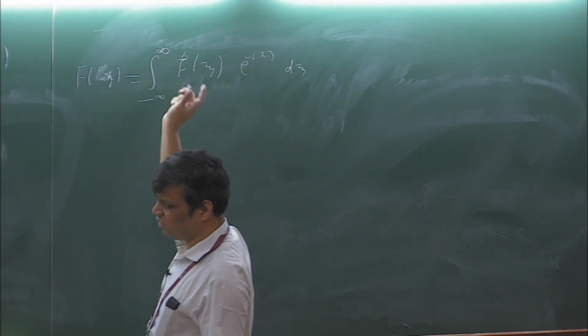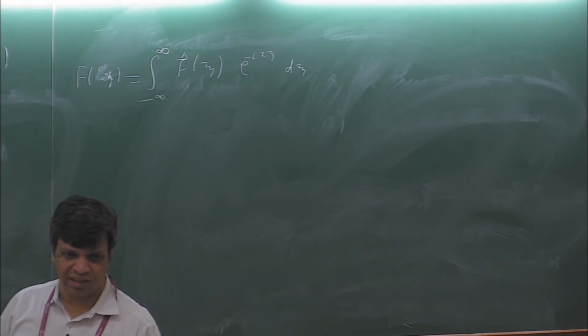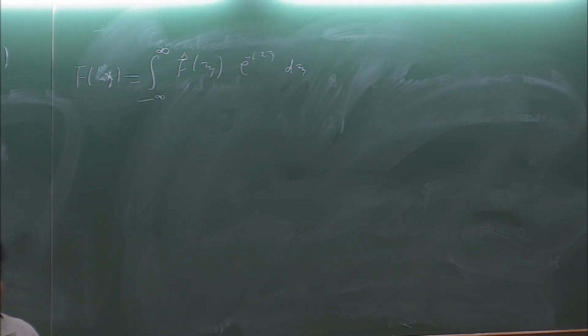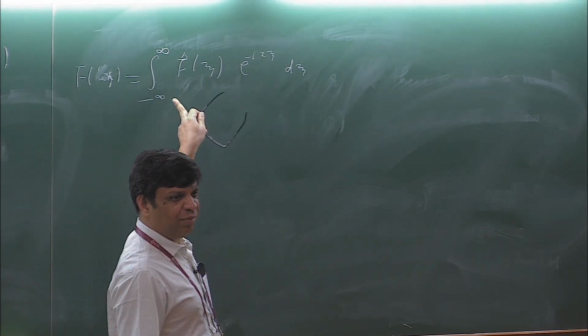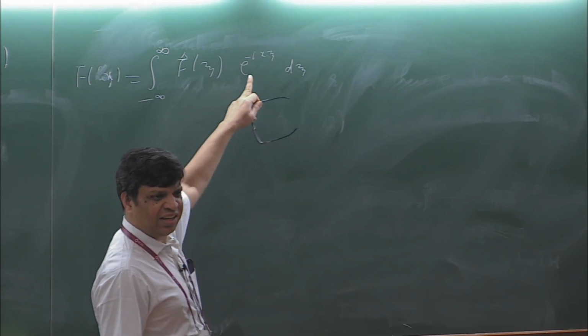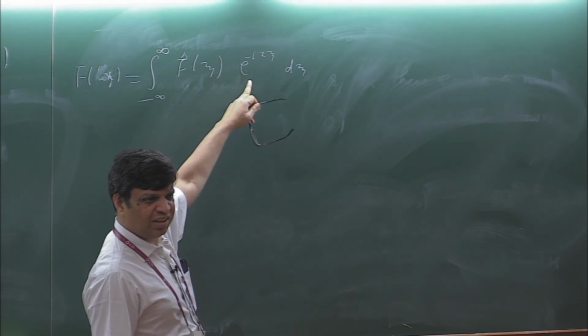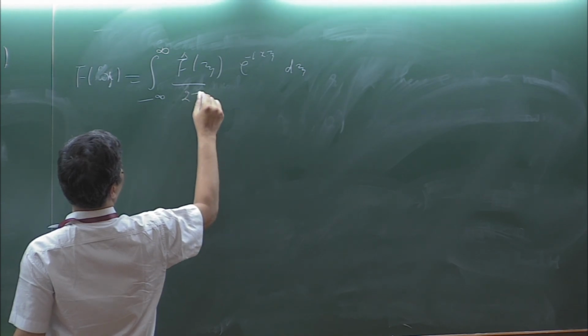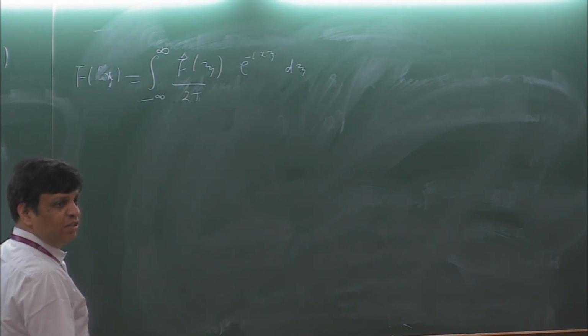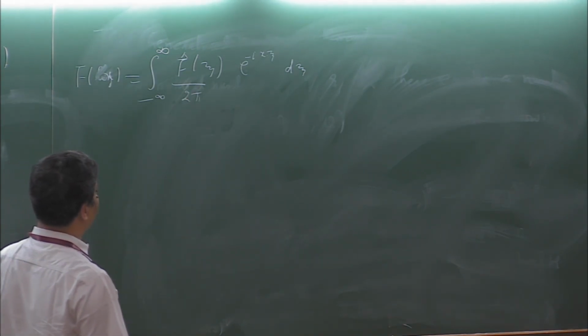Maybe I am missing certain factors of 1 by 2 pi somewhere. Inverse, 1 by 2 pi here, and here should it be 2 pi?